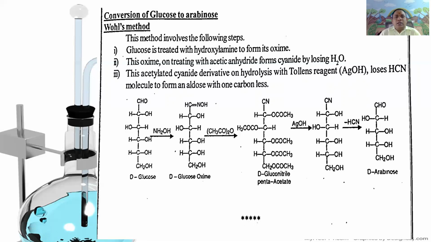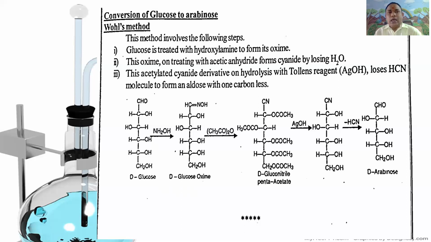This upon treatment with Tollens reagent gives the D-gluconitrile, which undergoes elimination of hydrogen cyanide to give arabinose, a D-pentose.